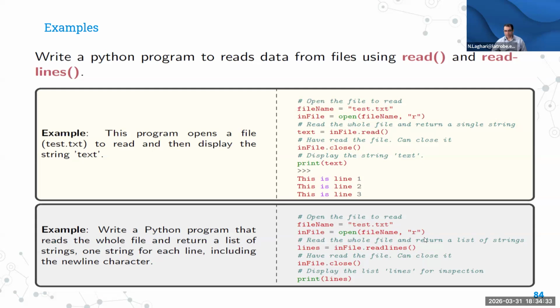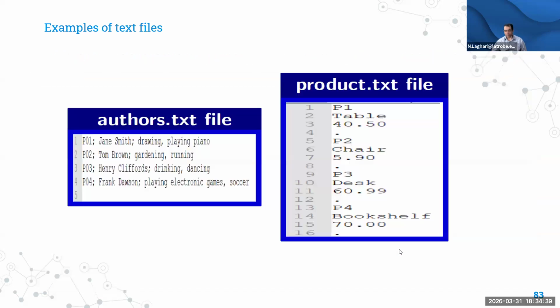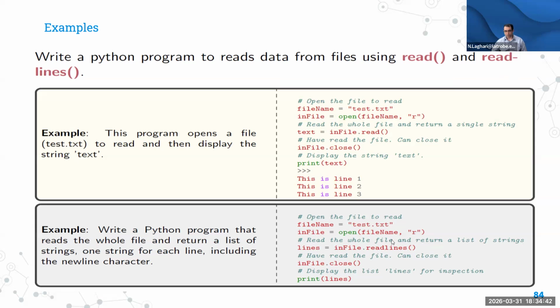Okay, so in that case, we say infile.readlines. There we had the read statement, here we have readlines. So here it will be returning us lines, which would be data separated.